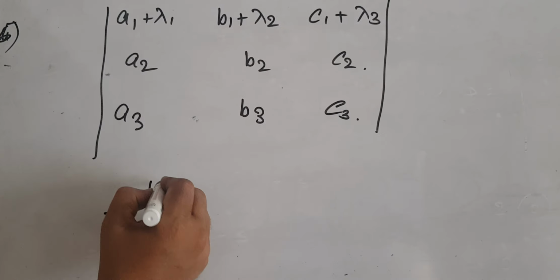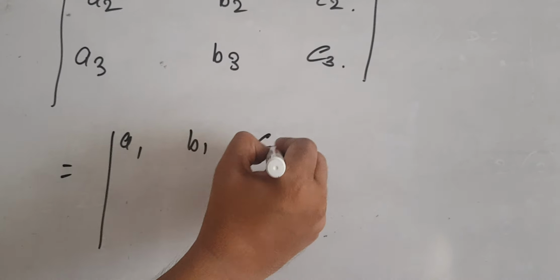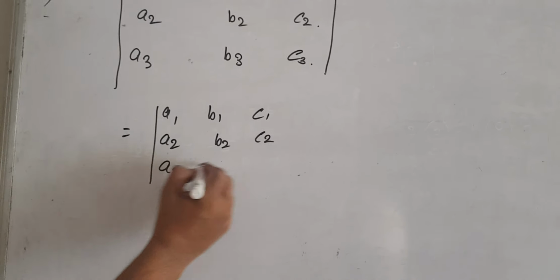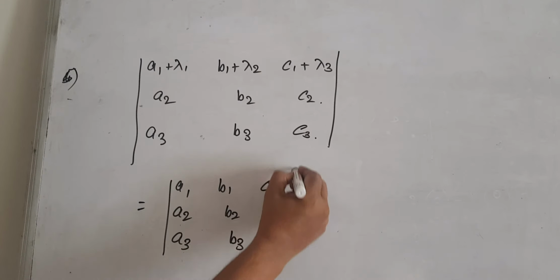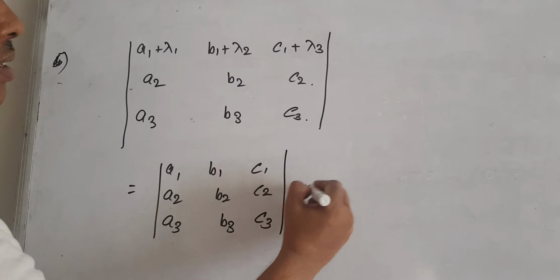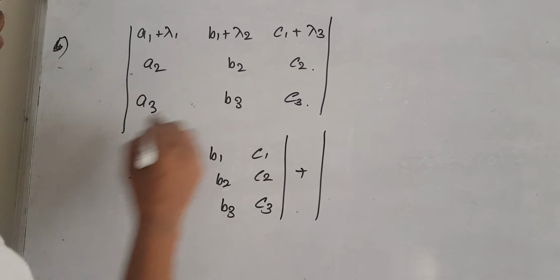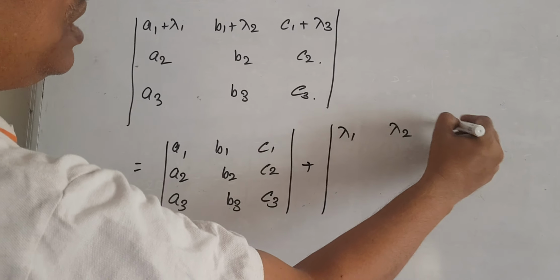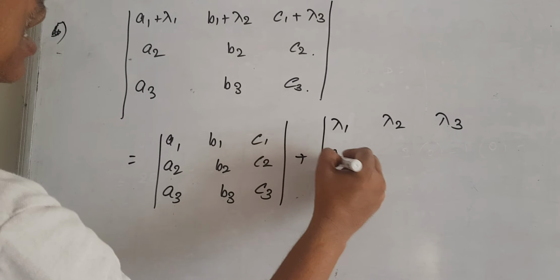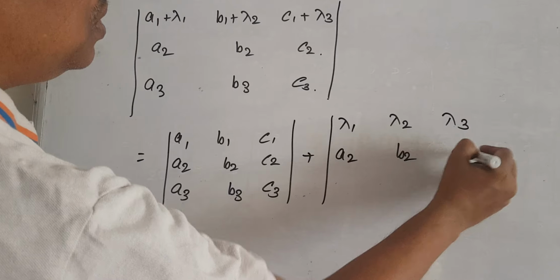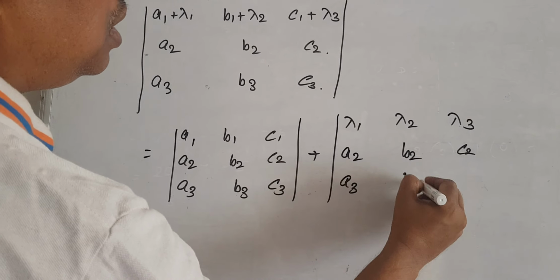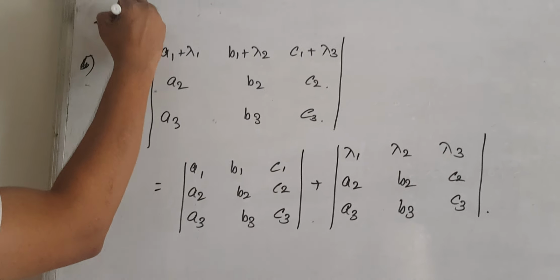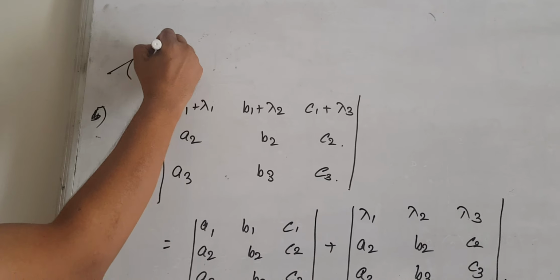It is equal to a1, b1, c1; a2, b2, c2; a3, b3, c3. ये तो है ही. Plus, अब ये second and third row will be same, but the first row elements are lambda 1, lambda 2, lambda 3; a2, b2, c2; a3, b3, c3. This is the statement of theorem number 5.